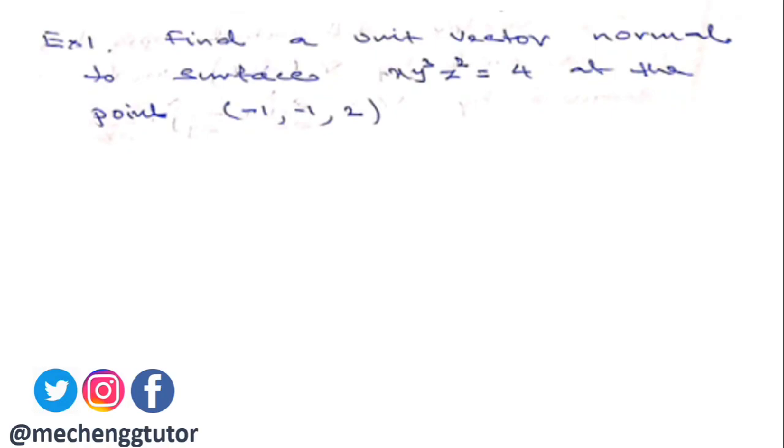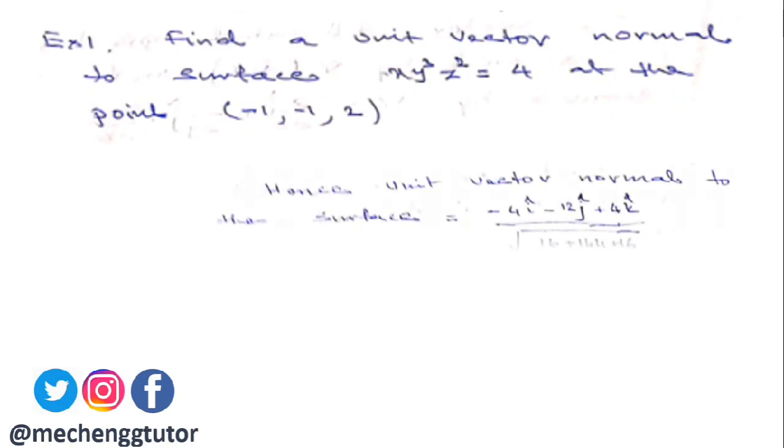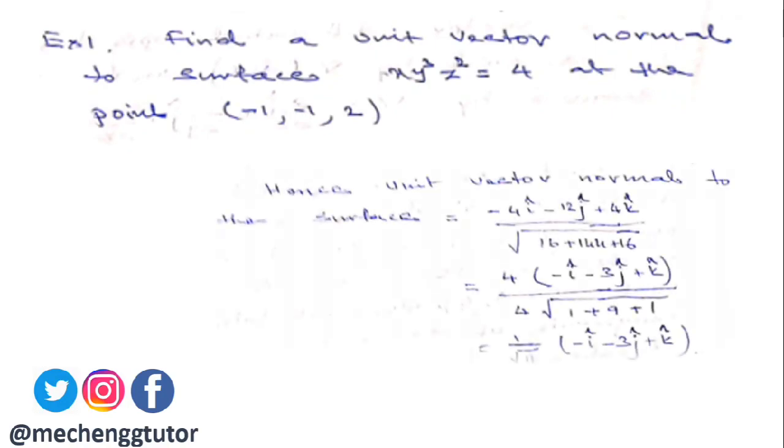Lastly, we have to calculate the unit vector. Hence, the unit vector normal to the surface is (-4i - 12j + 4k) divided by its magnitude, square root of 16 plus 144 plus 16. When you write the squares of -4 and -12, the minus becomes plus, so 16 plus 144 plus 16.